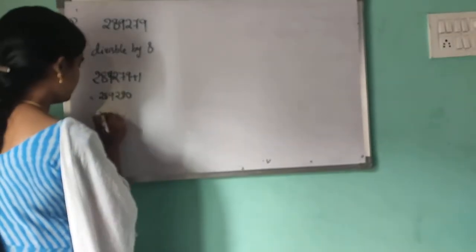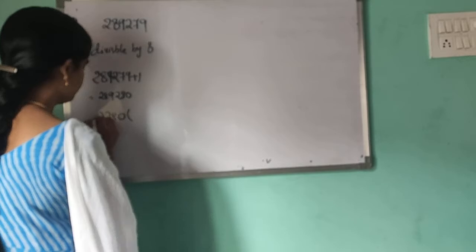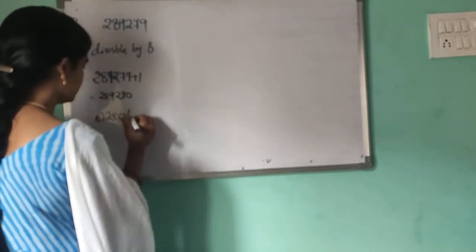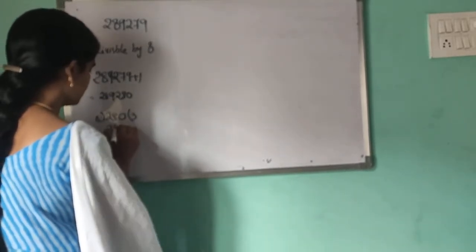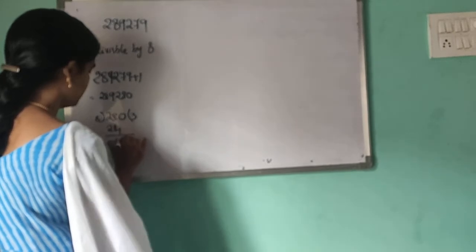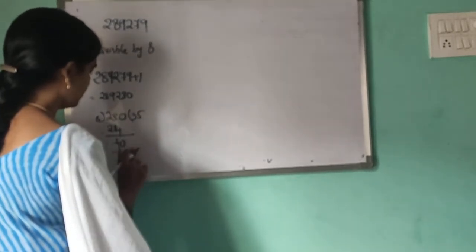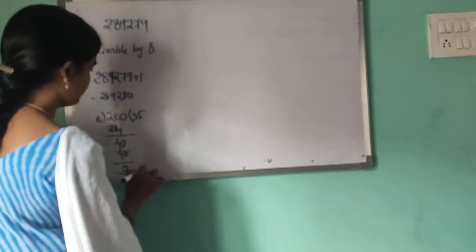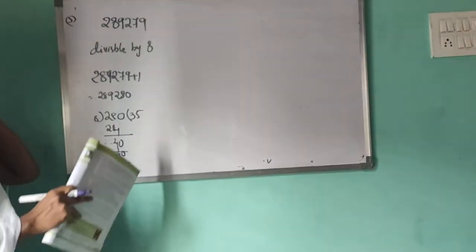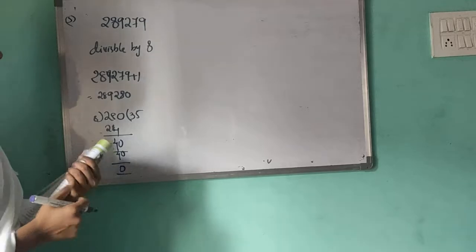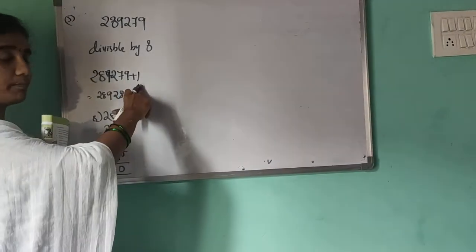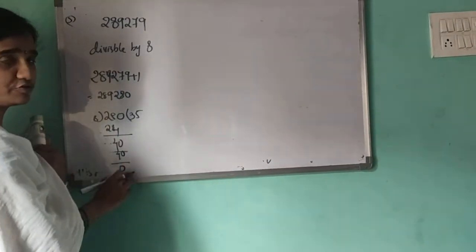So let's see. 5 8s are 40. Remainder is 0. So the whole number is, by adding plus 1, we have to get the remainder 0.